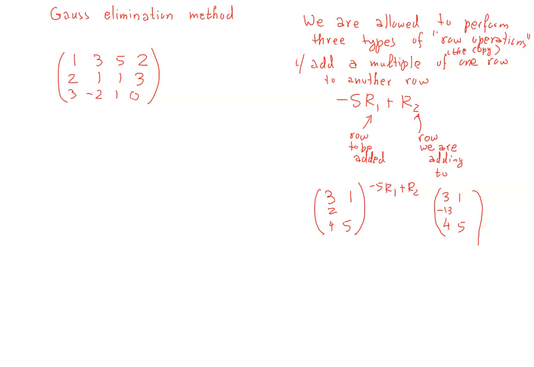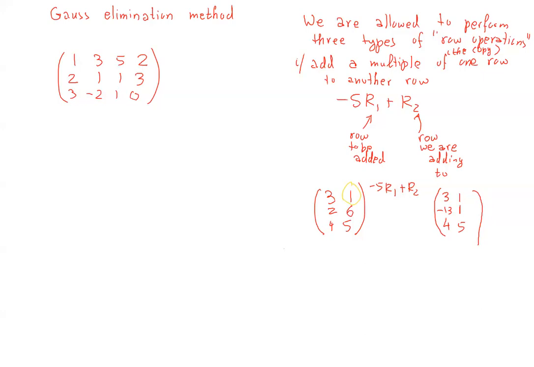What did I have here? Did I have a 6? I think I had a 6. Okay, so -5 times 1, when I say 1, I mean this number 1, plus 6, that will be 1. And there you go. So that's the first row operation.